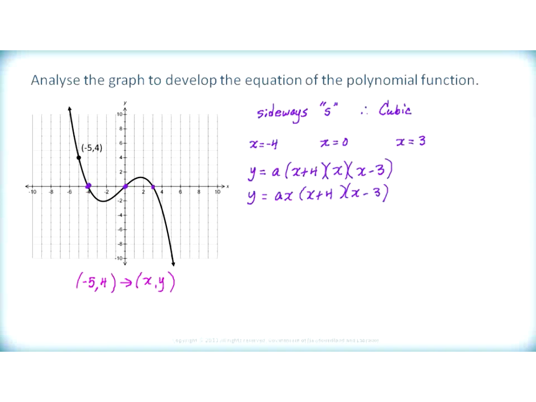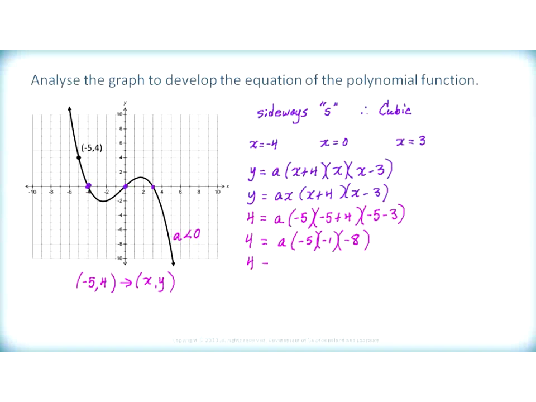Notice also that the value of a will be less than 0 because the graph extends from down in quadrant 4 and up into quadrant 2. Here we have 4 is equal to a multiplied by -5 multiplied by -5 plus 4 multiplied by -5 minus 3. We have 4 equals a multiplied by -5 multiplied by -1 multiplied by -8.